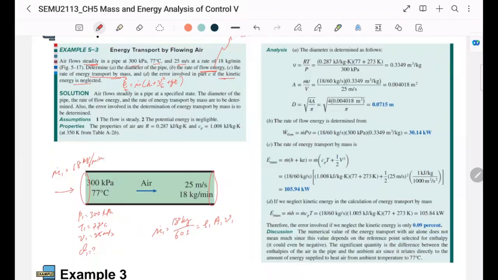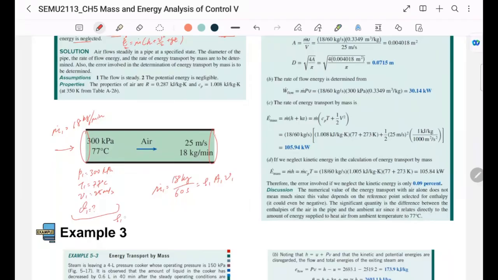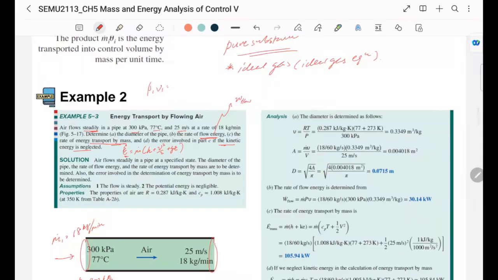Because it's ideal gas, the density I can calculate for stage 1 as P over RT. Because for ideal gas, P1 V1 equals M1 RT, PV equals MRT.